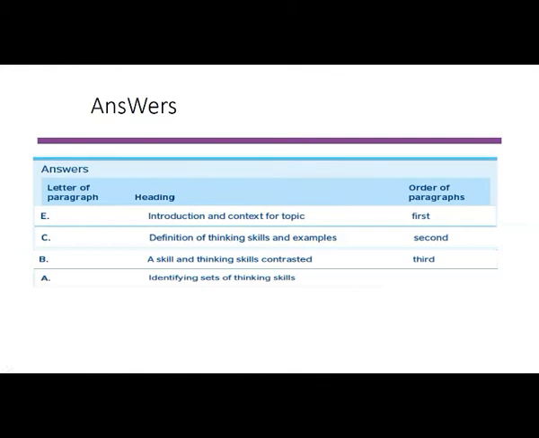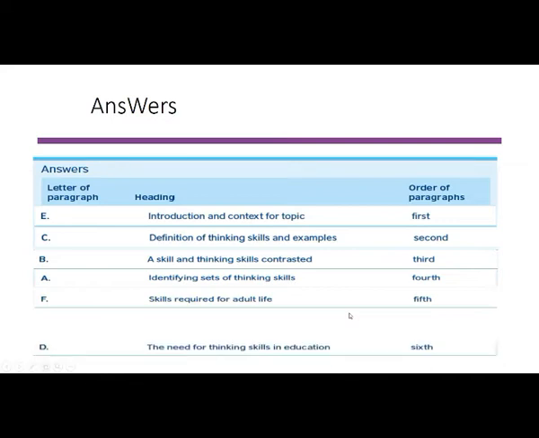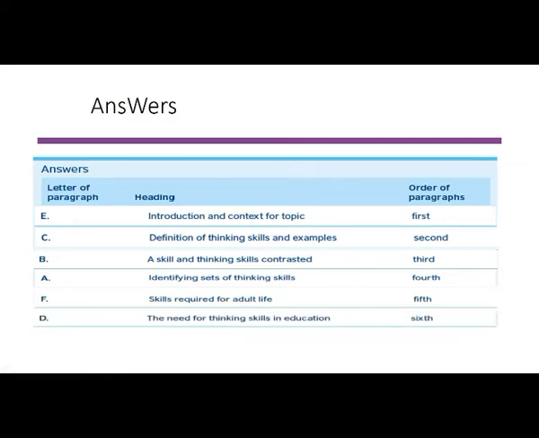Okay, the fifth: skills required for adult life. And the last one, the need for thinking skills in education. So that's the correct order of the headings.